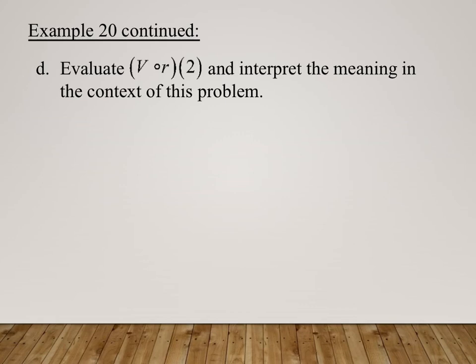So what we do is we put in the value v of r of 2, right? And in this case, it's going to be 36 pi 2 cubed, right? And when we do the problem, we end up with, what do we end up with?